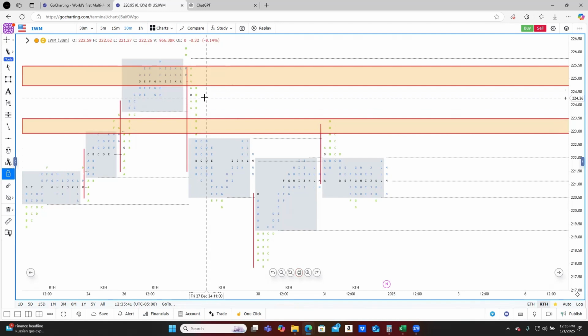In this case, on the 27th, we opened at 224.29. Buyers bought up to as high as 225.44. But when it got there, other participants in this auction of IWM felt that IWM was not worth 225.50, 225.40, 225.30. So they dropped the prices, right? They couldn't find anybody to continue to buy at those prices, so they had to drop it.